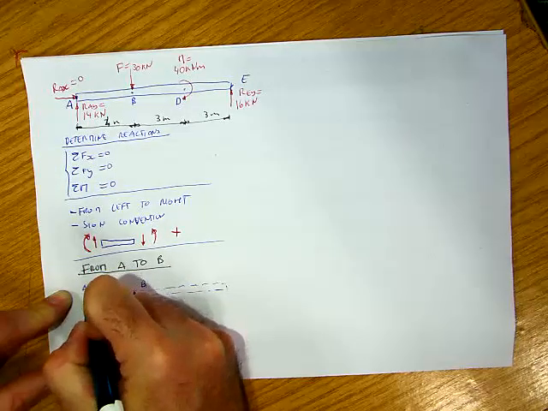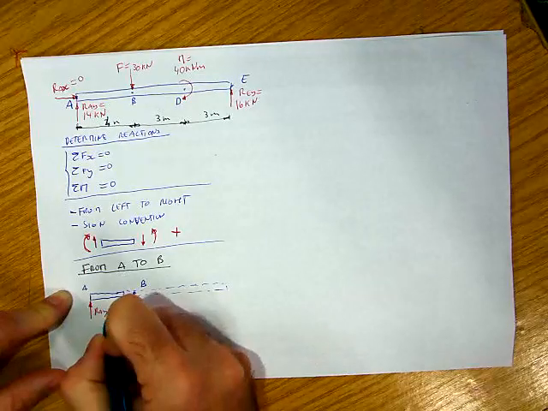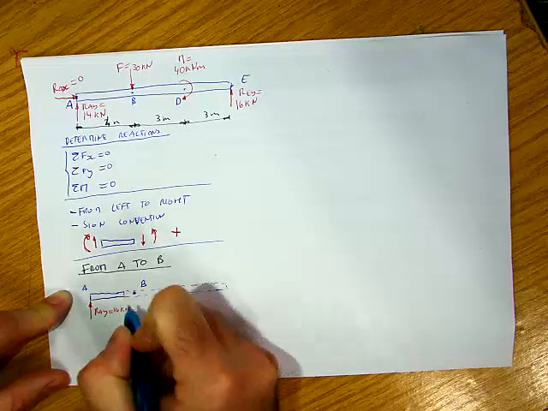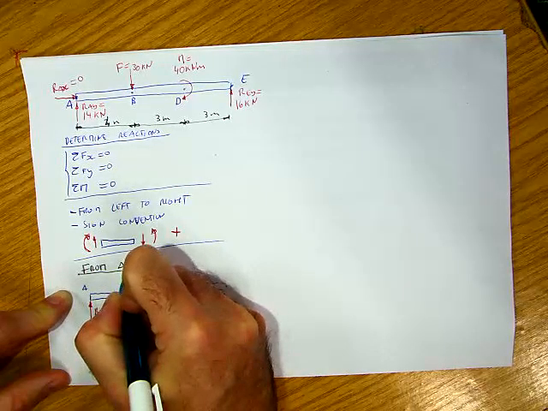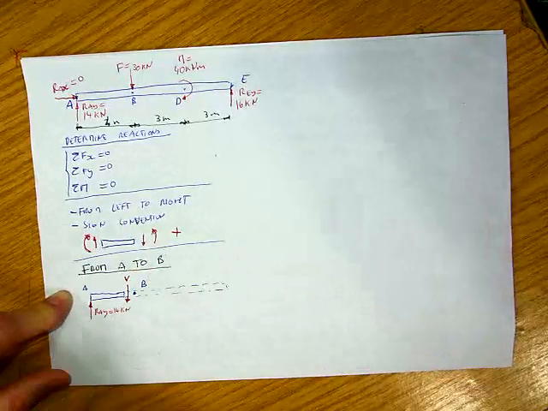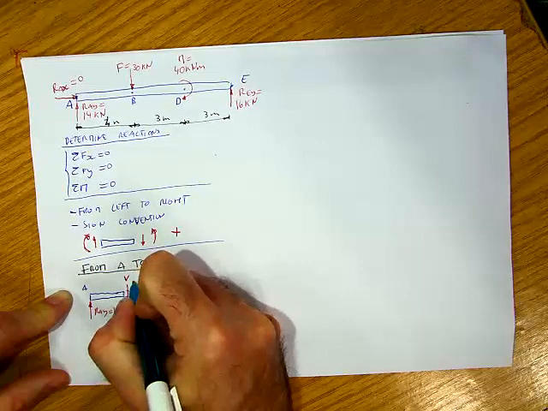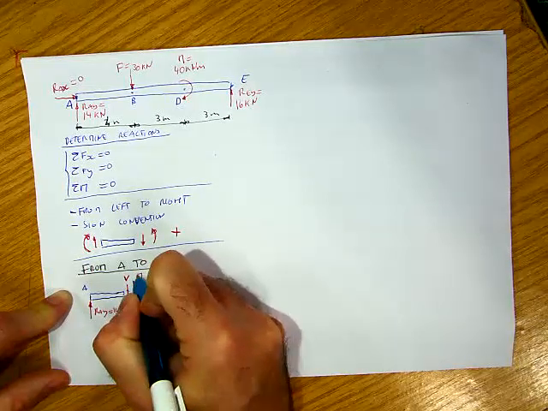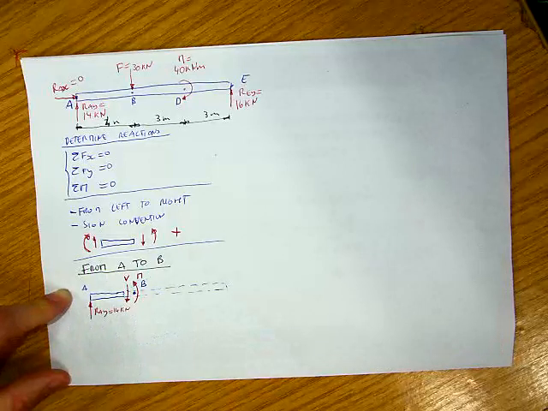I have the vertical reaction RAY, which is equal to 14 kilonewton, and now I have the shear force pointing down, positive sign convention, and the bending moment in the anti-clockwise direction because it's on the right, positive sign convention.